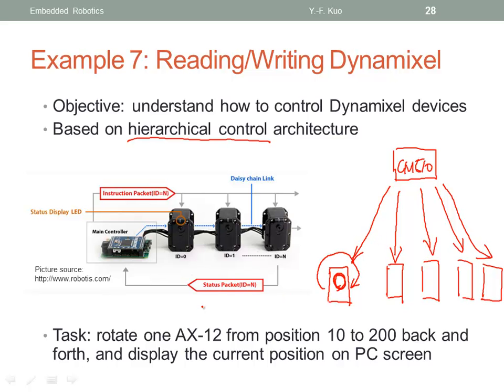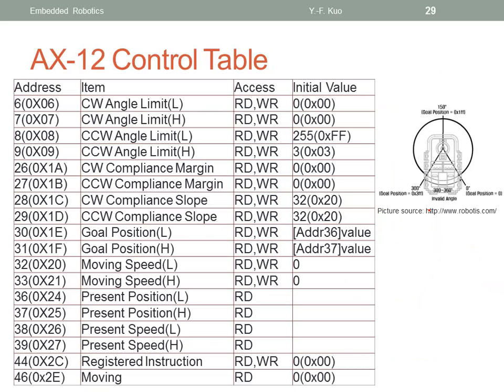And now in the example, we want to rotate one AX12 from position 10 to 200 back and forth, and also display the current position on the PC screen. Okay, so on each AX12 there is a control table, and the AX12 will regulate itself based on the numbers in this control table.